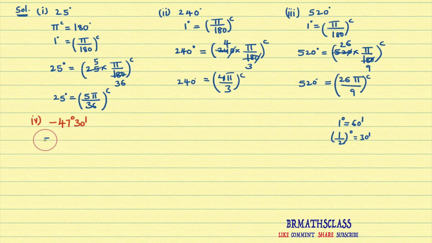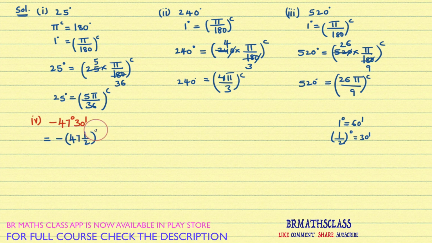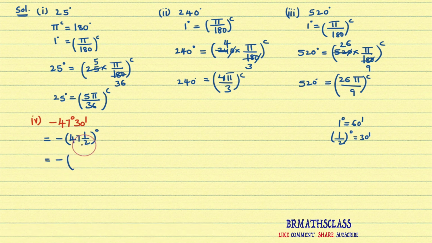So here this 30 minutes can be written as half a degree. So this can be written as minus 47 degrees 30 minutes is nothing but 47 and a half degrees. As it is a mixed fraction, you multiply 47 into 2 plus 1, that is 95. 95 by 2 degrees.